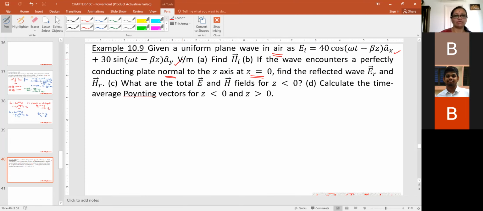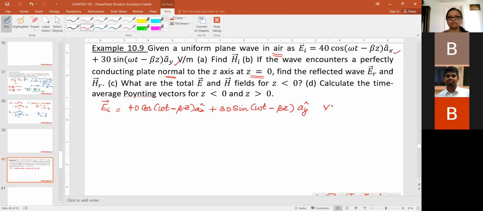Otherwise, there's nothing new. So let me first of all write my incident wave. The incident electric field is 40 cos(omega t minus beta z) along the ax cap direction plus 30 sin(omega t minus beta z) along the ay cap direction, volts per meter.